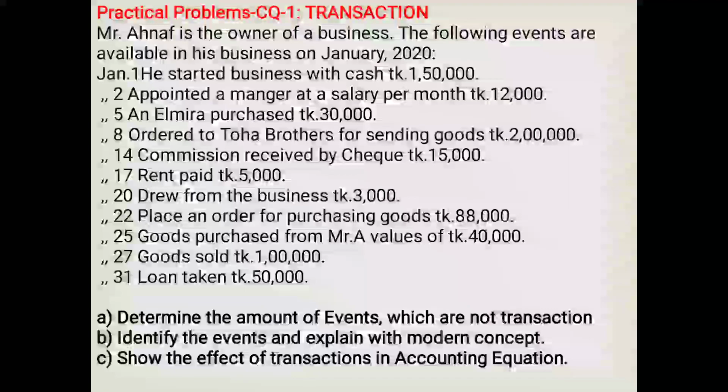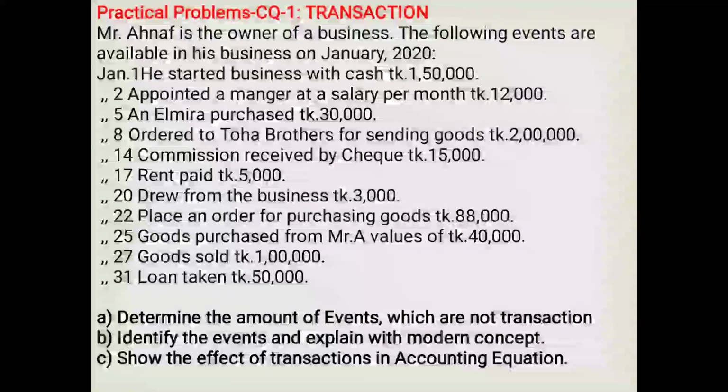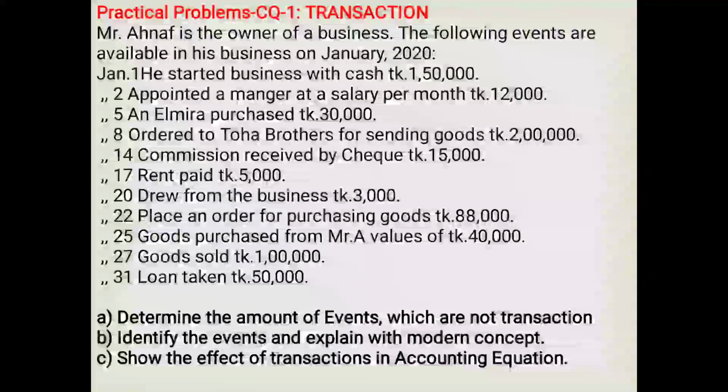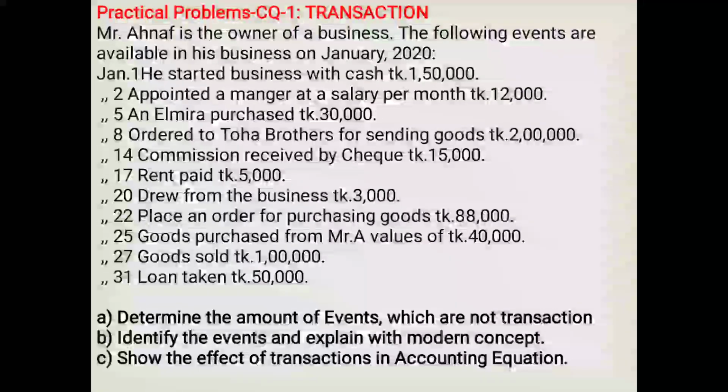Not purchasing goods, not selling goods, only ordered. It is a non-economic, non-monetary event, not a transaction. So it is also included in requirement A. Another one is January 22, placed an order for purchasing goods, taka 88,000. This is an event but not a transaction.